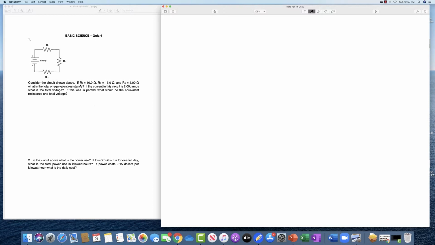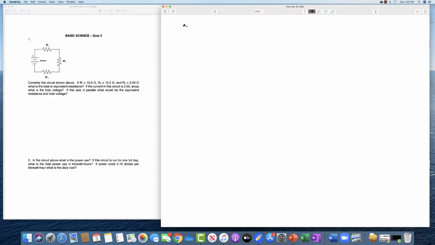Well, the first thing to answer this question, what you need to see is that this is currently in series. That is, there's only one path that the electrons can take, and so they're lined up serially along from the beginning of the source to the end.